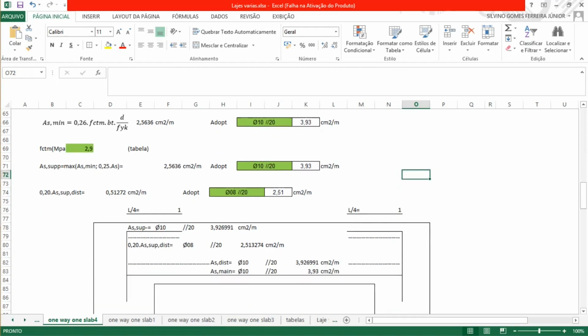And now for the distribution on the top, on this area that goes from here to here, it's 20% of the distribution on the support that we got, and that is a very small quantity in this case, 0.51, because it's just 20% of what we have calculated.